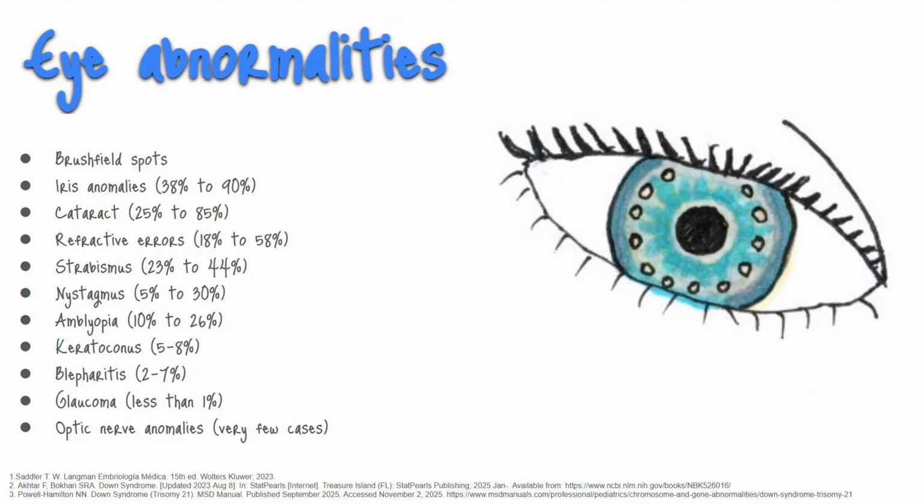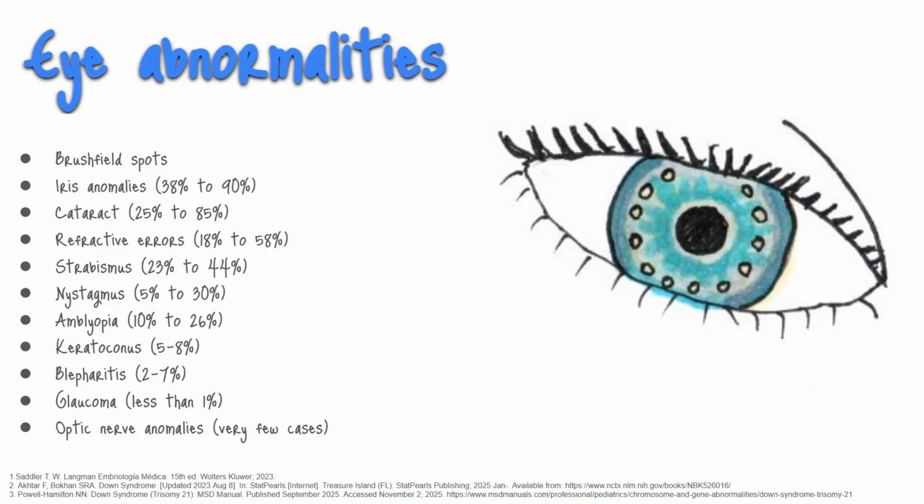We can have cataracts in 25 to 85% of the eyes, which is like a cloudy collection on top of the eye. Refractive errors in about 18 to 58%, when the eye can't focus correctly, leading to blurred vision.